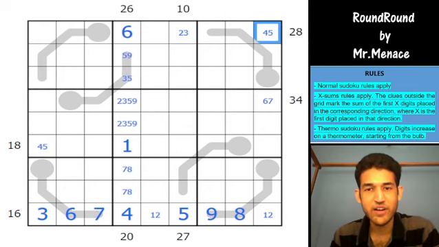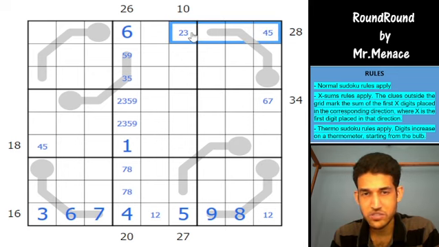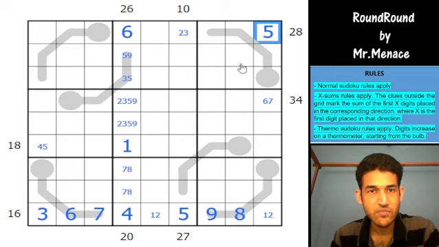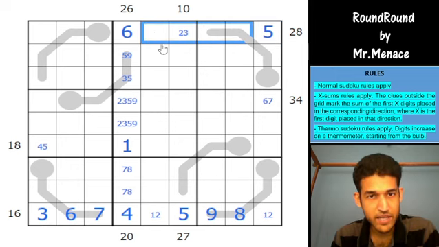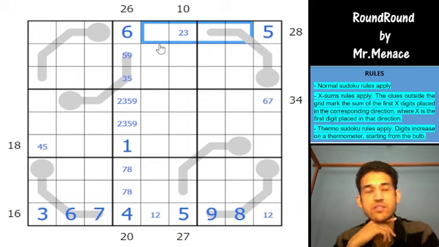This can't be a 4, guys, because when you have a 4, then these 3 cells must sum up to 24, so that the total is 28. But for 24 to happen, you need 7, 8, 9 in these 3 cells, which is clearly not possible. So that is a 5. And these cells sum up to 28 now, which means these cells sum up to 23, subtracting the 5. Okay.